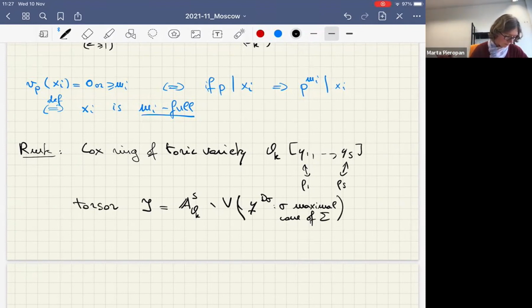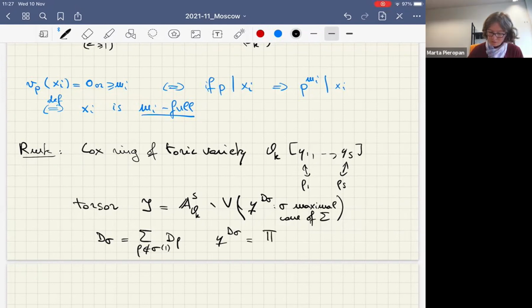And here the notation means that this D_sigma is nothing but the sum, for all the rays that are not in a given cone sigma, of the corresponding torus invariant divisor, and y to the D_sigma is just some compact notation for the monomial.